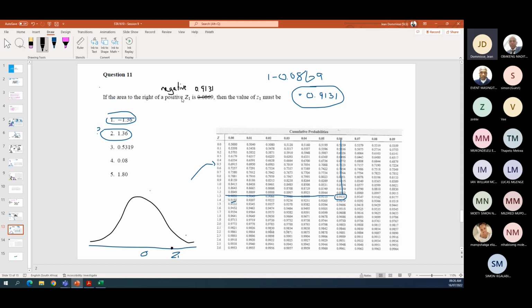Okay, so let's just read that one. If the area to the right of a negative... okay, so we know it's negative because there's 0.